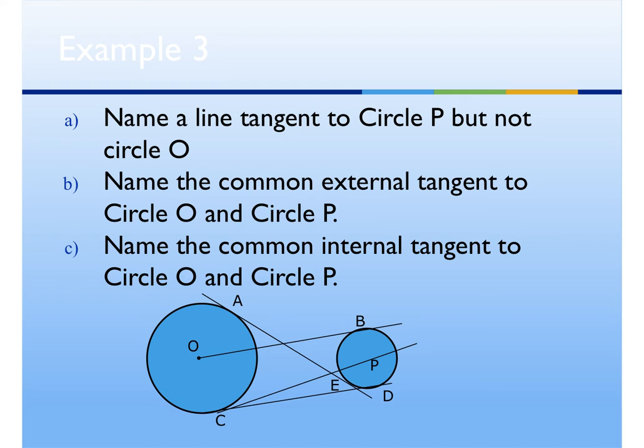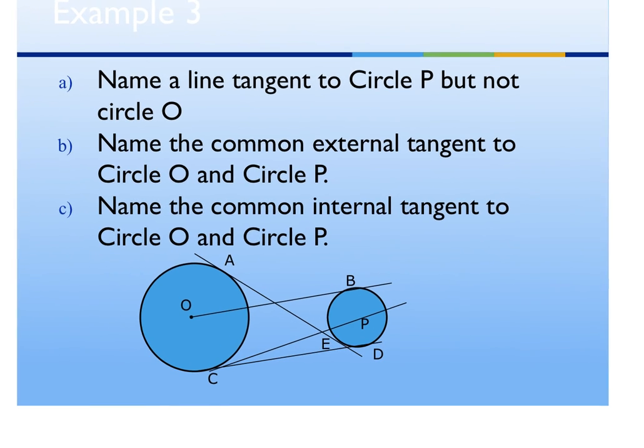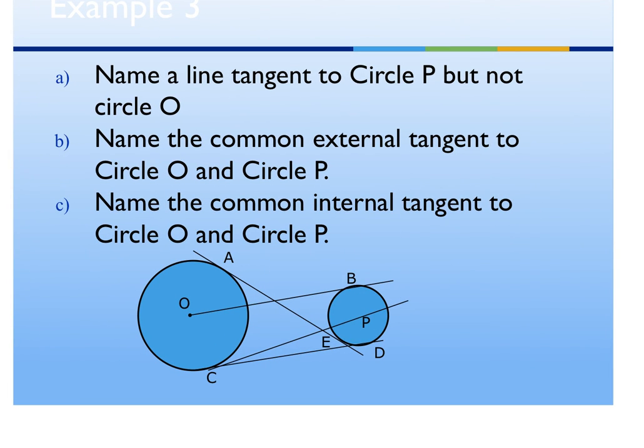Example 3. Name a line tangent to circle P, but not circle O. Name the common external tangent to circle O and circle P, and then name the common internal tangent to circle O and circle P. Okay, who can do A? A line that's tangent to P, but not to circle O. Yeah, perfect.